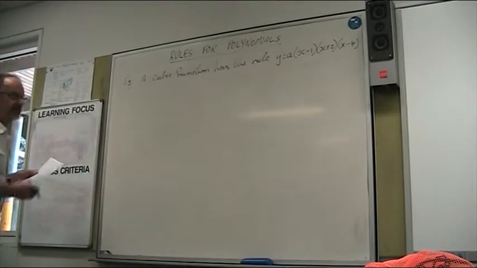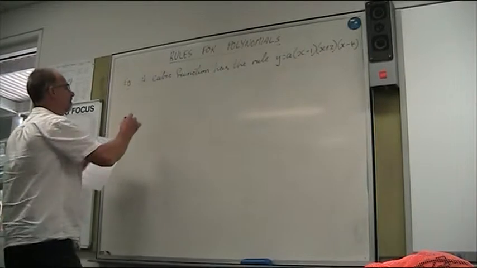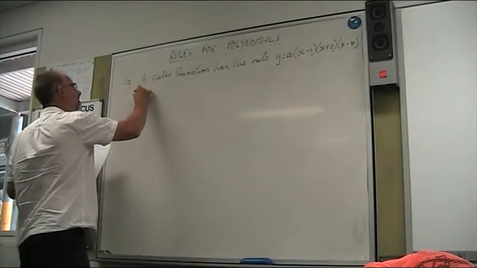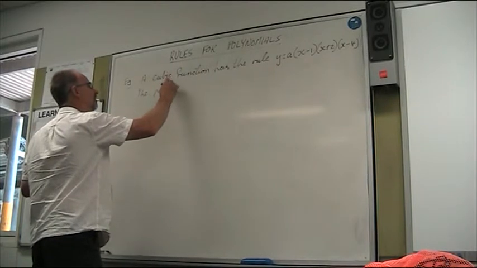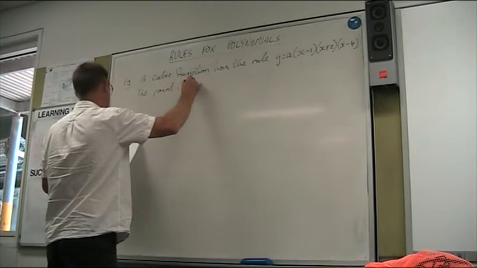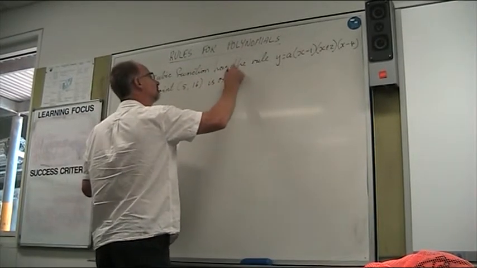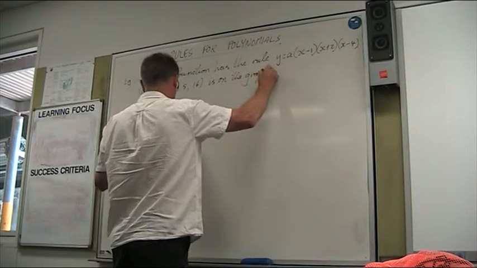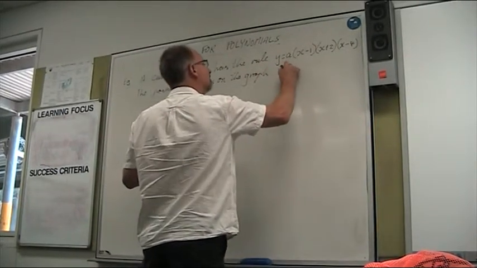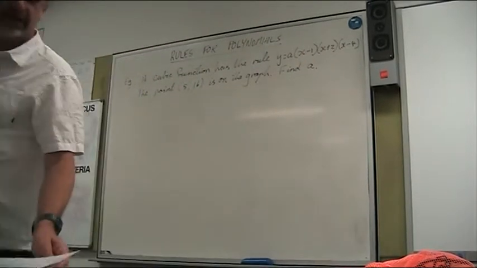It is a times (x minus 1) times (x plus 2) times (x minus 4), and we're told that there's a particular point that is on the graph. And so we then need to find a.